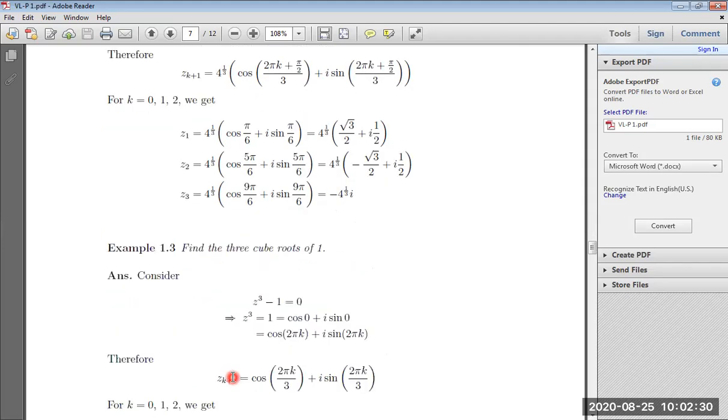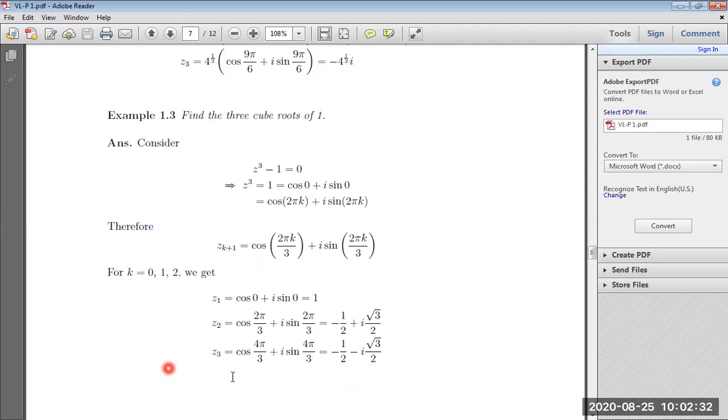Now again, find the 3 cube roots of 1. Z to the power cube minus 1 is equal to 0. So this complex number can be written in polar form, which is cos 0 plus i sin 0, because sin 0 is 0 and cos 0 is 1. And this is nothing but the multiple of this, cos of 2 pi k.